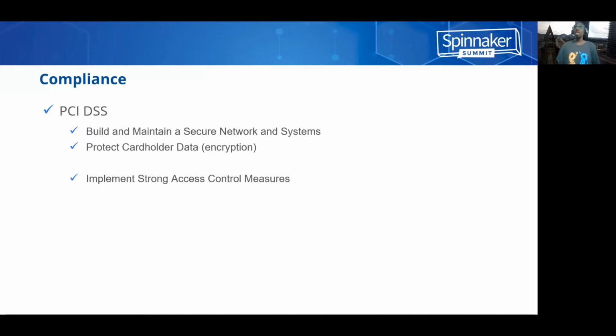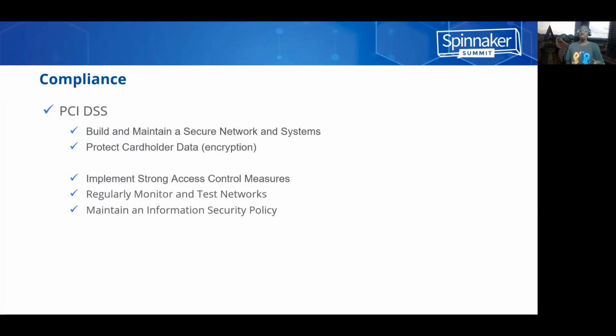Authentication, authorization: only those that need access to a particular network have access. Regular monitoring and network tests. Again, we've implemented monitoring into our environment, our architecture, and we also maintain a security policy. The only thing that I'll say might be outstanding is the vulnerability management program.